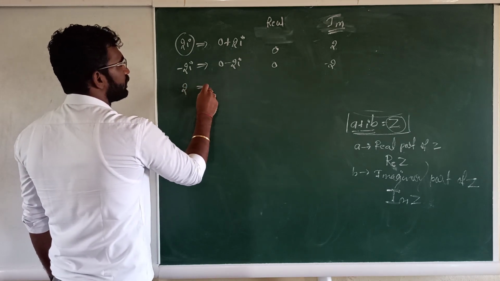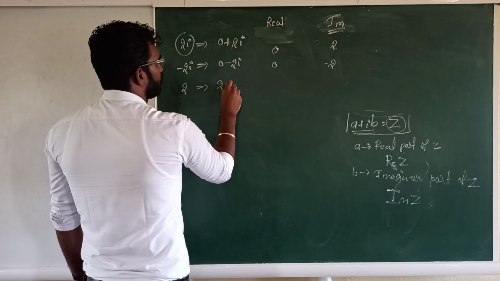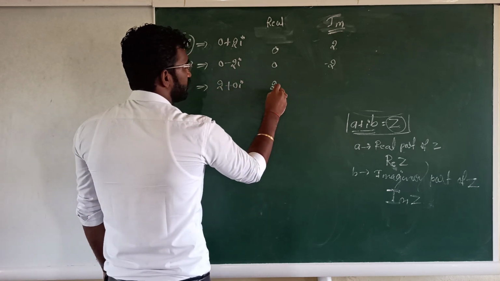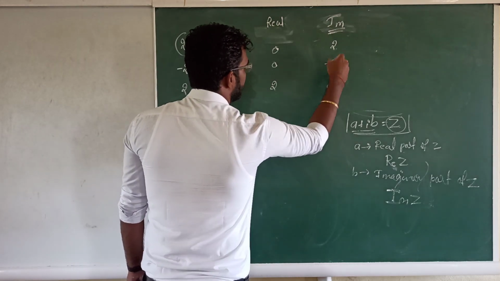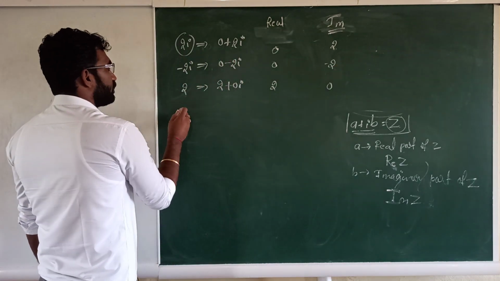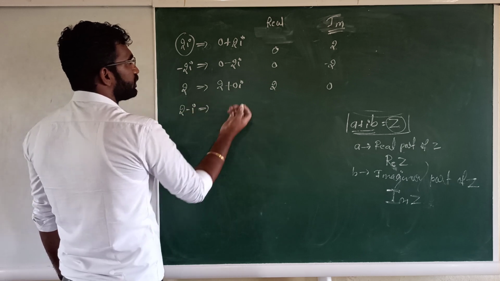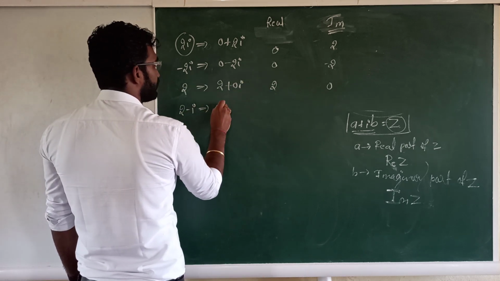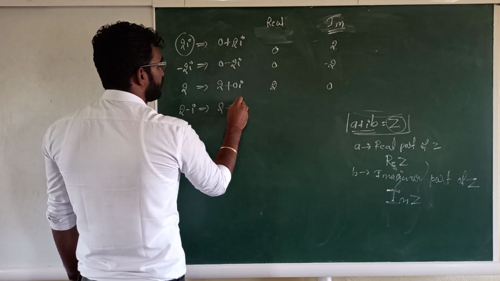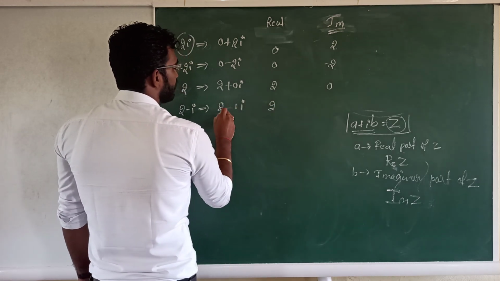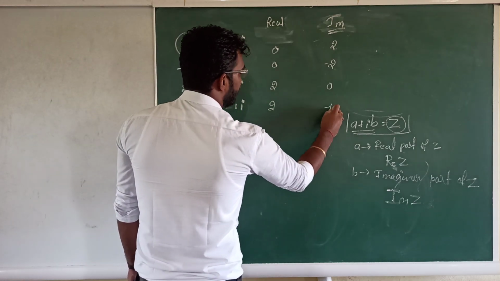Then how can you write this? This can be written as 2 plus 0i. Therefore 2 is the real part and 0 is the imaginary part, right? If the number is of the form 2 minus i, which can also be written as 2 minus 1i, the real part is 2 and the imaginary part is minus 1.